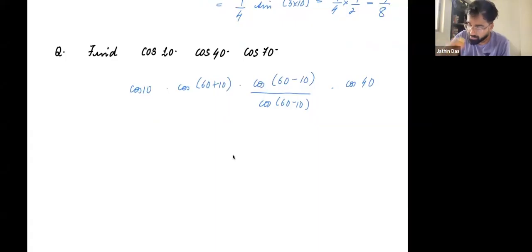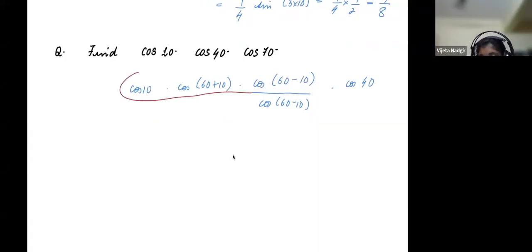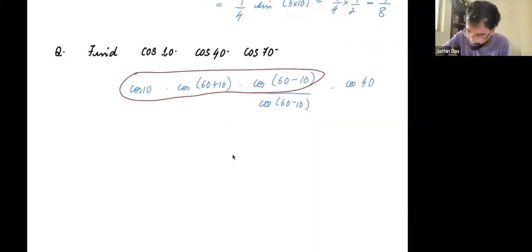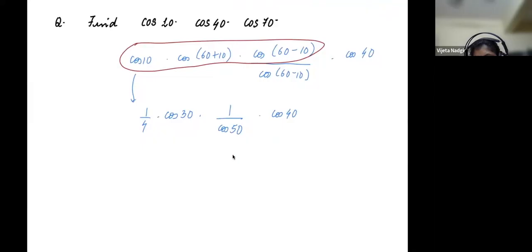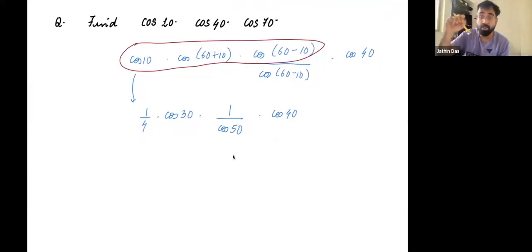This much I can do. Now this whole term will be 1 by 4 cos 30, 3 into 10. And this will be cos 50 upon cos 40. Now what is cos 30? Root 3 by 2. So root 3 by 2 into 1 by 4 will become root 3 by 8.